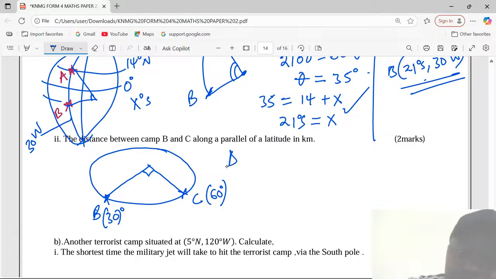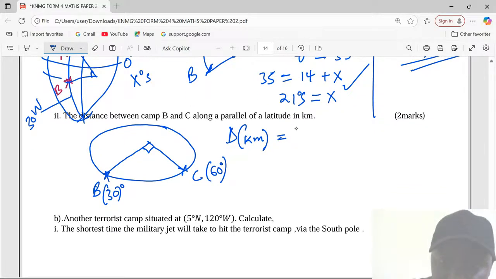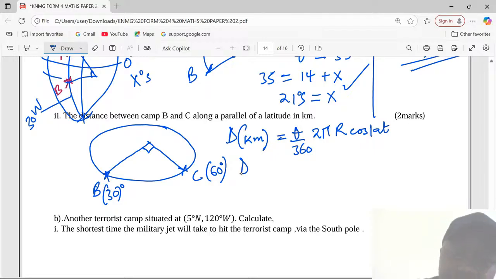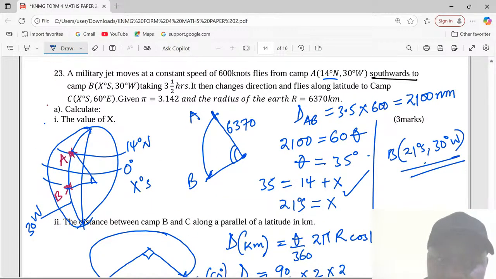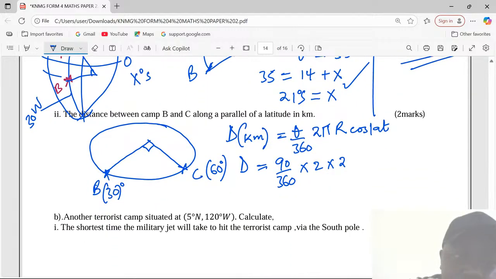Therefore, distance in kilometers along a small circle, or a circle of latitude, is usually given by beta over 360 times 2 pi r cosine of the latitude where the two places are. So this distance shall be 90 over 360 times 2 times pi, which is 3.142 according to the instructions. I was almost deviating from that.